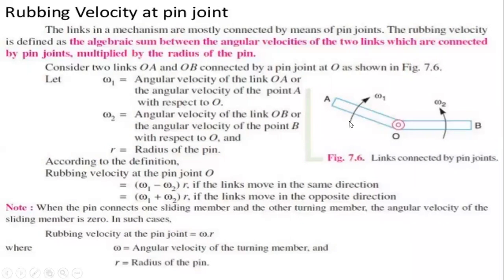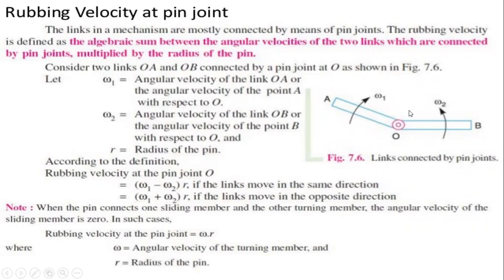So that is the difference of the first angular velocity and the second angular velocity, multiplied by the radius of the pin, if the two links, that is OA and OB, move in the same direction. But if they are moving in the opposite direction, then it is equal to (omega 1 plus omega 2) into r.